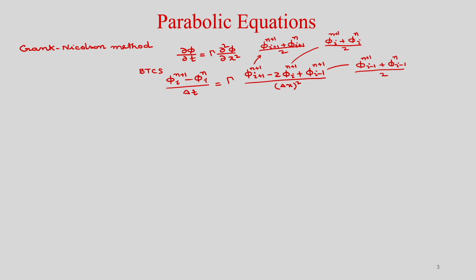In the diffusion term, the value of phi which we took at n plus 1 time level, now we are taking an average value of phi n plus 1 and phi n at each discrete point. Okay. So, that we are taking.